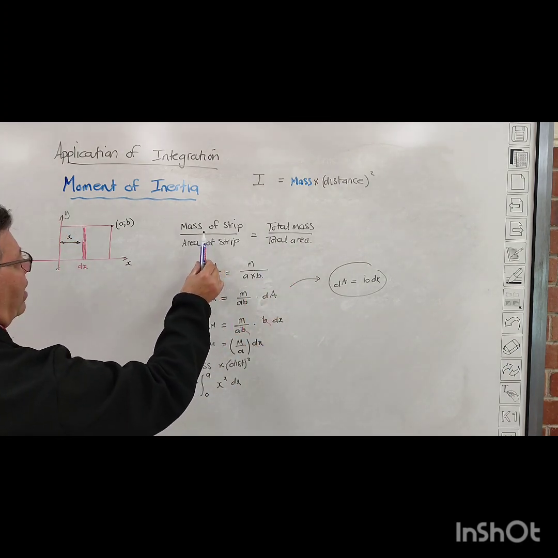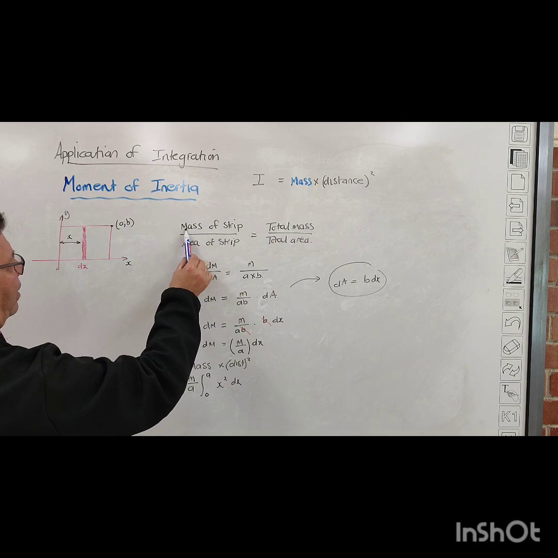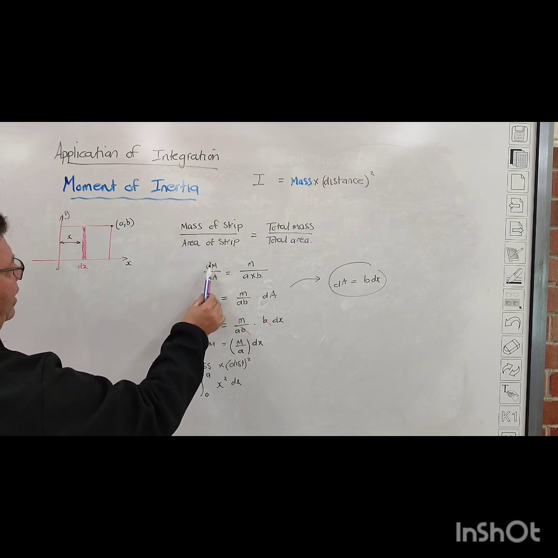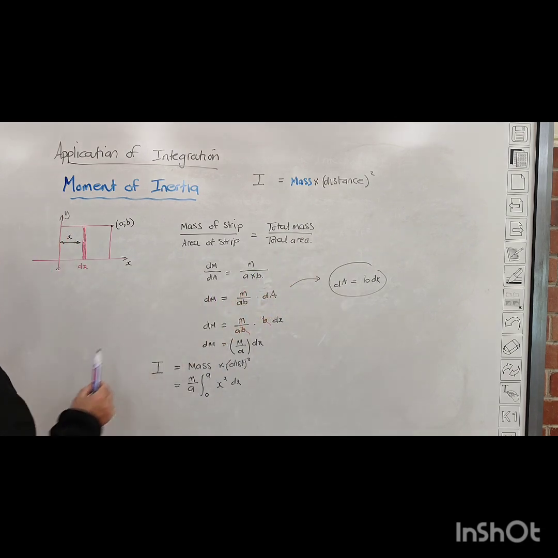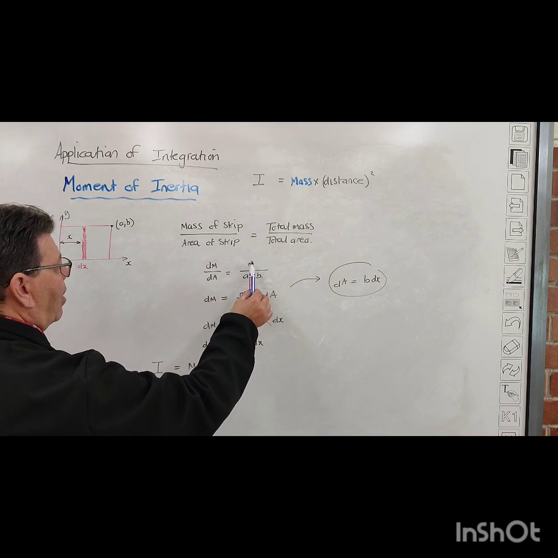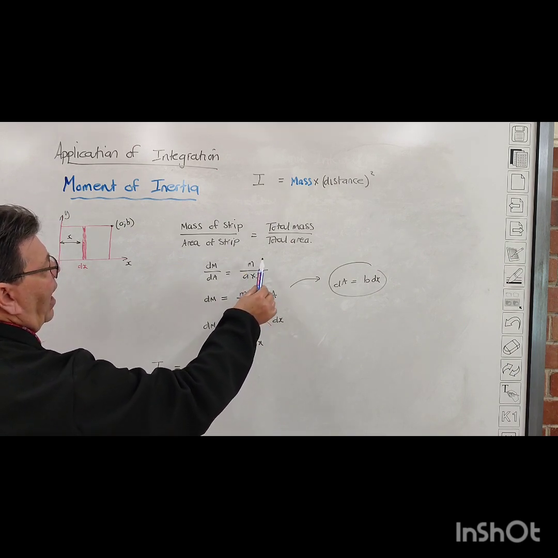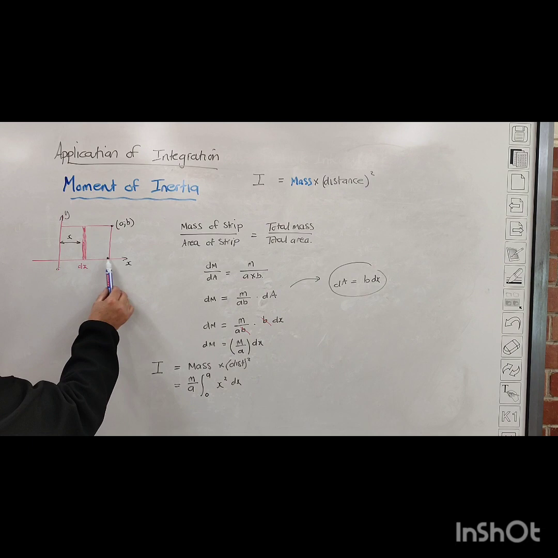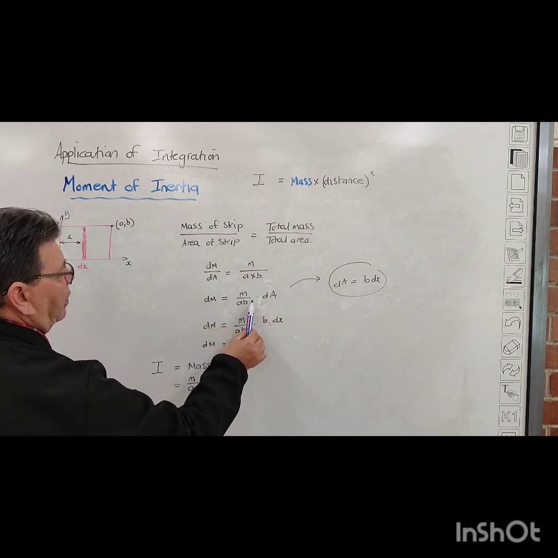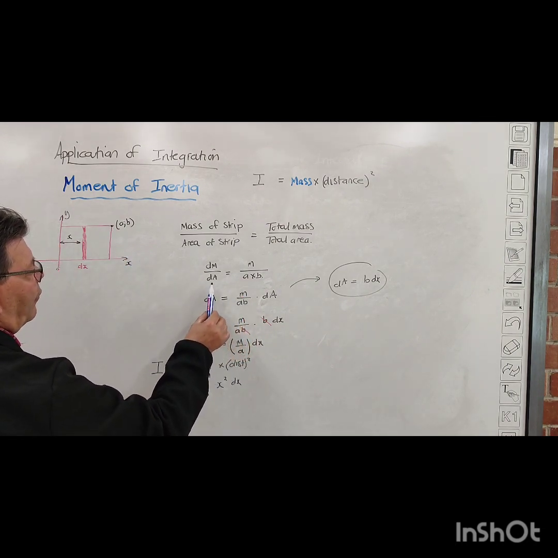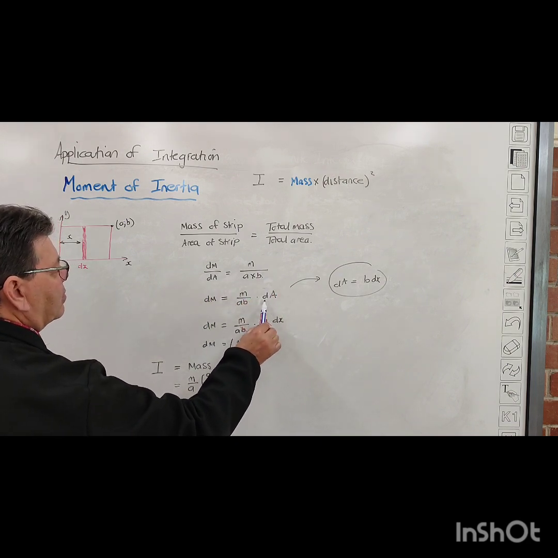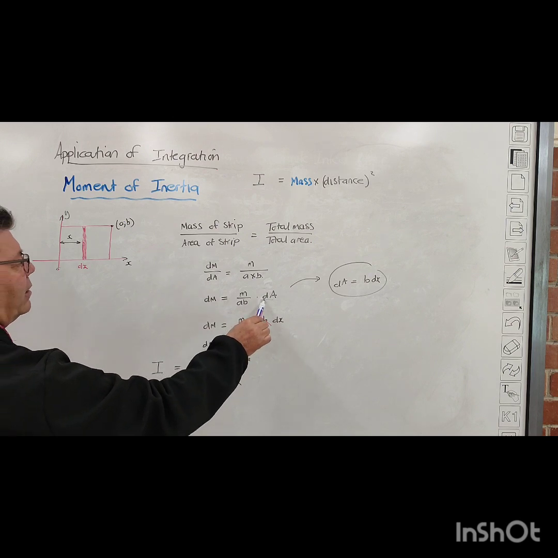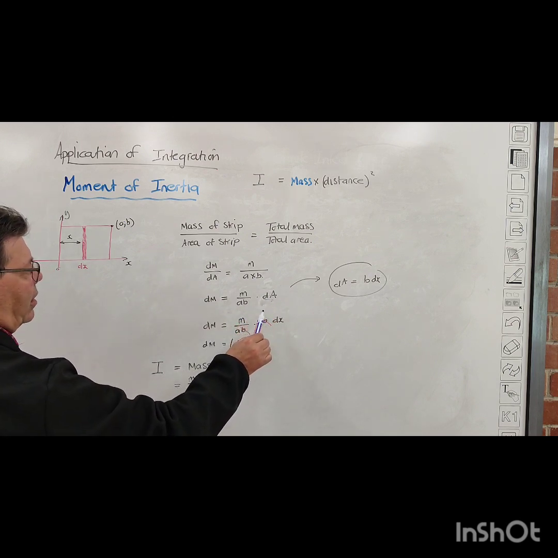So if I have the same lamina there, they will always say the mass of the strip divided by the area of the strip is proportional, equal to the total mass over the total area. So if I rewrite this as delta M over delta A, the total mass, if they do give me the value of how heavy that item is, in kilograms, I can put in the mass there. And the total area is A times B, so you'll just write A times B. Now if I take this dA to this side, I must find the integrated or differentiated value of this.